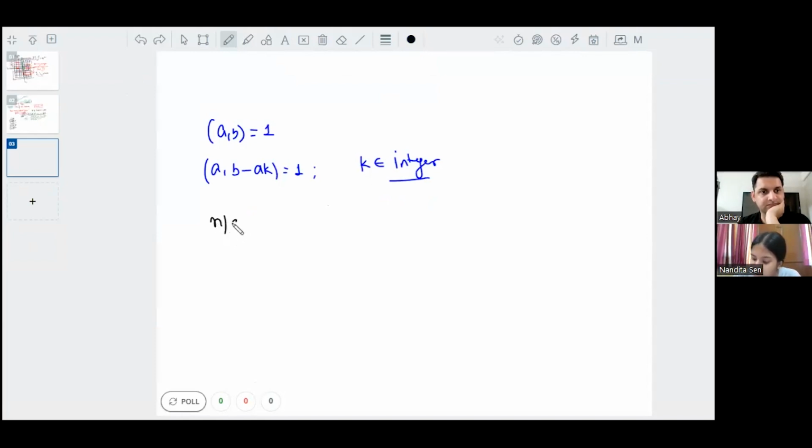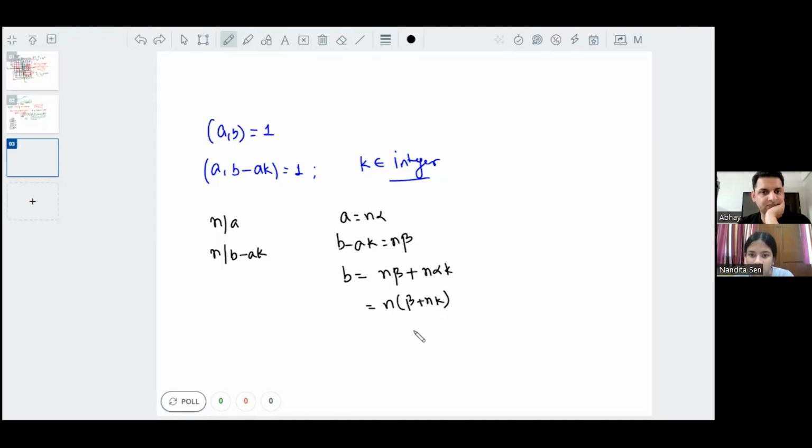Then A can be written as n alpha, and B minus AK can be written as n beta. We substitute A there, so n divides B, and we have assumed that n is not equal to 1. So we can say that this is not possible.